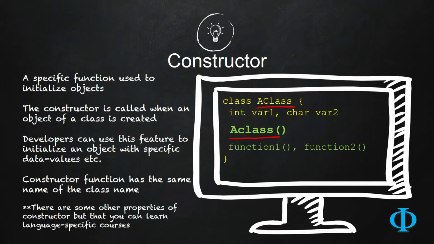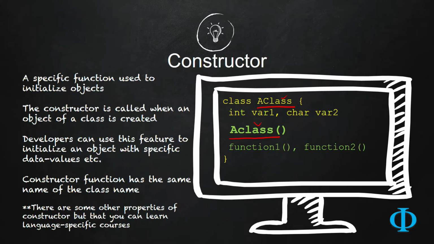Whenever you create a function following these rules, that is the same name as the class and no return type, then your compiler will automatically understand that this is a constructor function, and the compiler or the interpreter will execute that function right during the creation of the object.